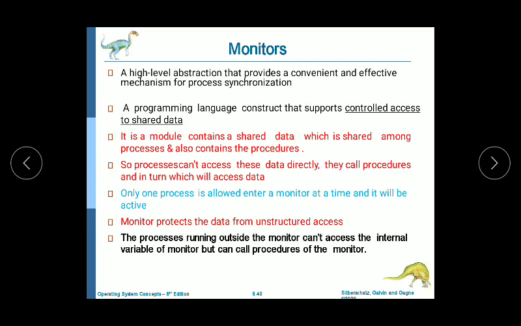Although semaphores provide a convenient and effective mechanism for process synchronization, using them incorrectly can result in timing errors that are difficult to detect, since these errors happen only if particular execution sequences take place, and these sequences do not always occur. We have seen an example of errors in the use of counters in our solution to the producer-consumer problem.